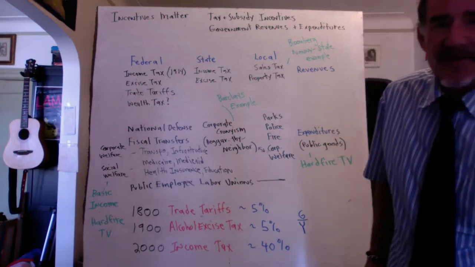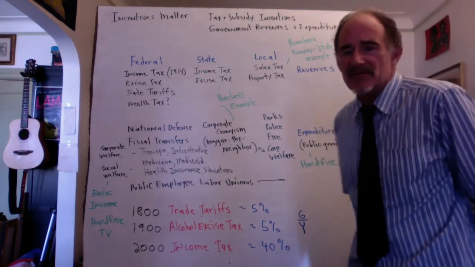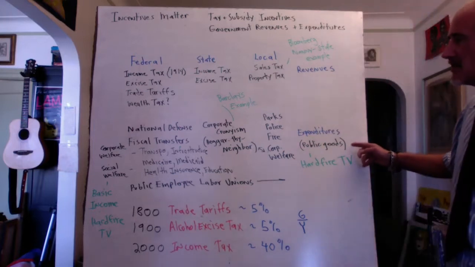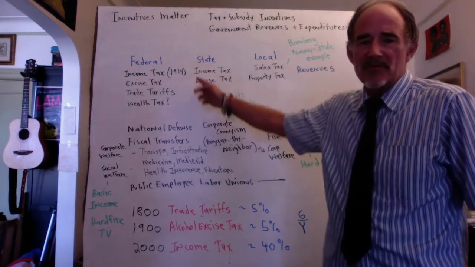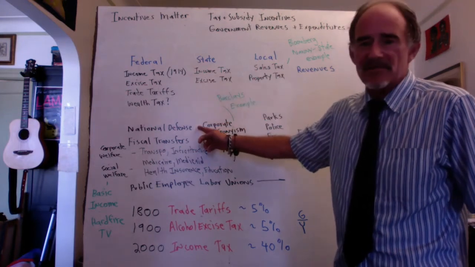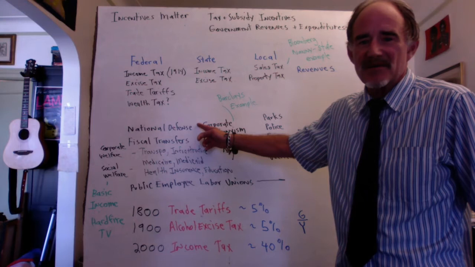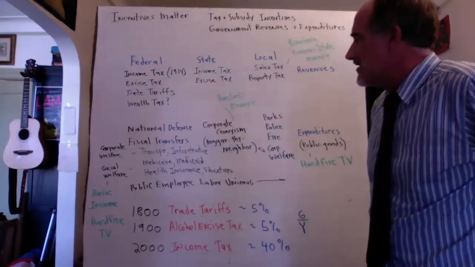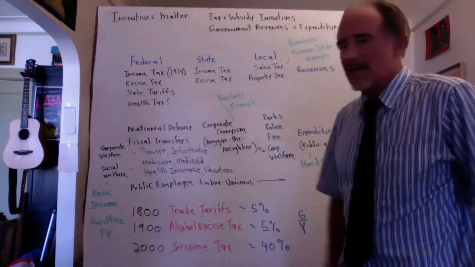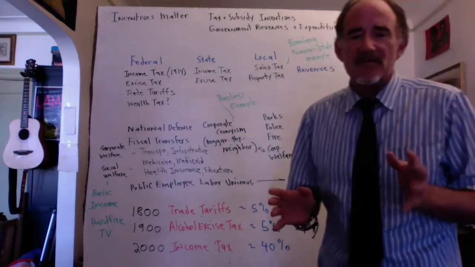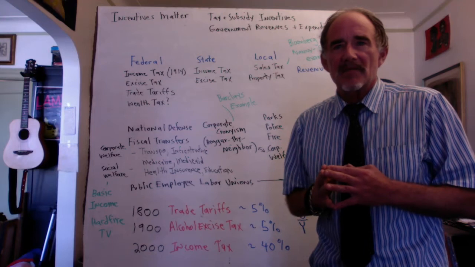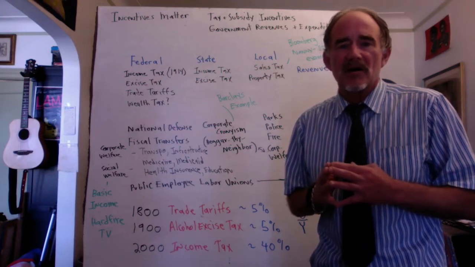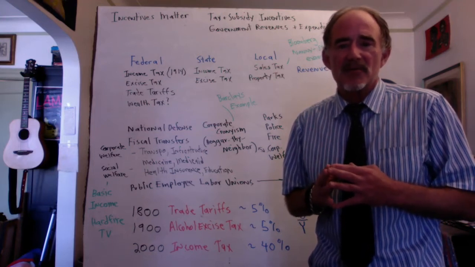So what does the federal government do with these revenues for alleged public goods? Well, most people agree that the role of the nation state is to provide national defense, not national offense, but defense. And then the original idea of the founders, the Declaration of Independence, was federalism, or a republic where the states had rights.